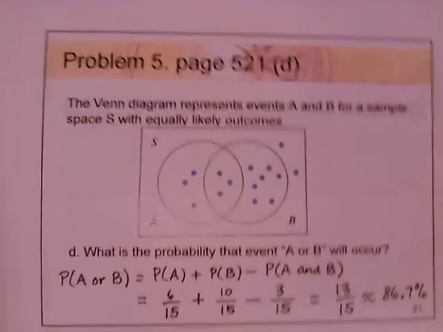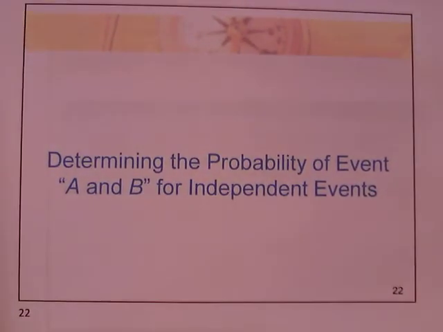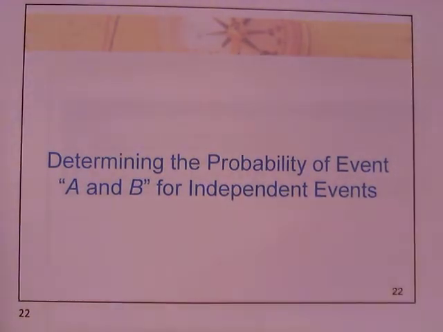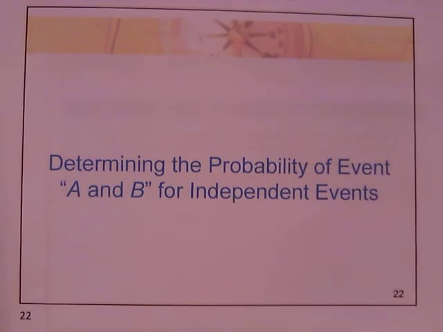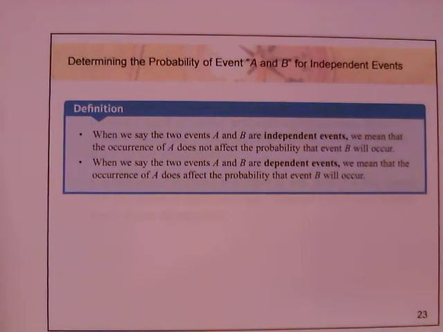Alright, next we'll look at determining the probability of event A and B for independent events. So this time it's A and B, and we're going to be dealing with independent events. Here's some definitions that you need to know here. When we say the two events A and B are independent events, we mean that the occurrence of A does not affect the probability that event B will occur.